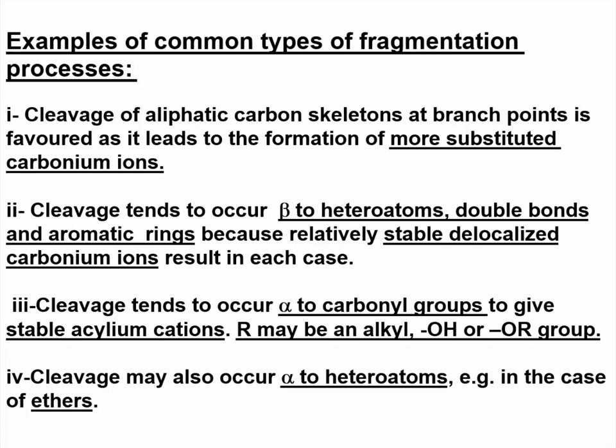Cleavage of carbonyl compounds occurs alpha to the carbonyl because it produces a stable acylium cation. Cleavage may also occur alpha to a heteroatom. For the heteroatom there are two possibilities, beta to the heteroatom or alpha to the heteroatom. We can discuss this.